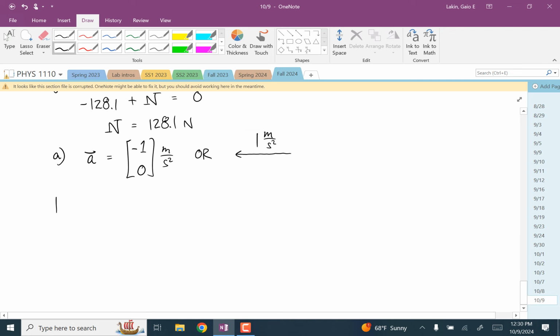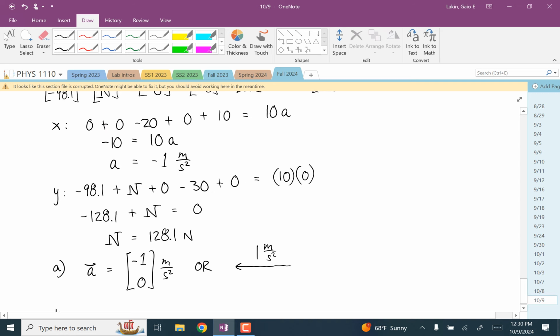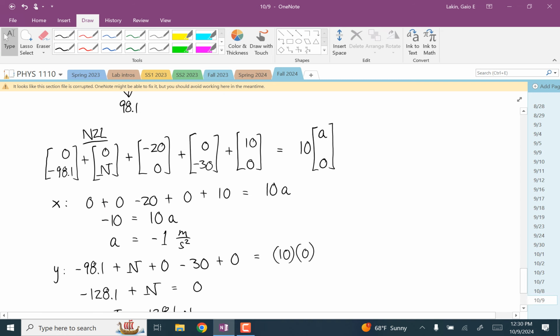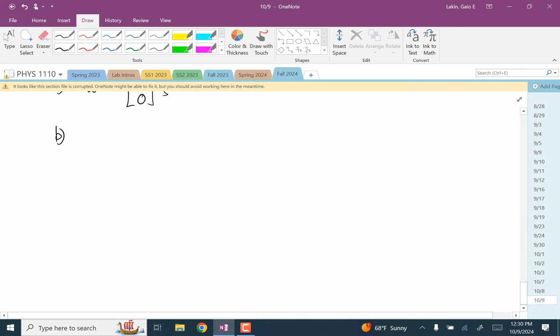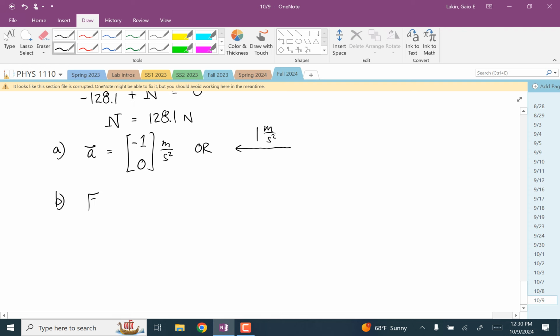And then for the second one, now we want the force vector applied to the cart by the ground. That is this vector. We just didn't know what the n was yet, and now we do. So now we can say the force from the ground is equal to 0, 128.1.